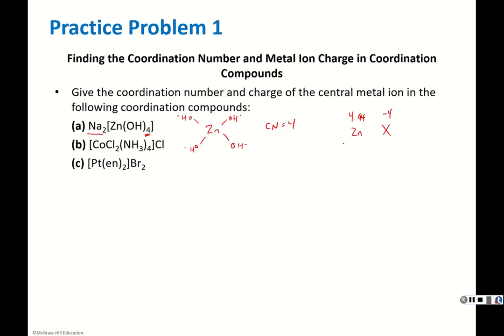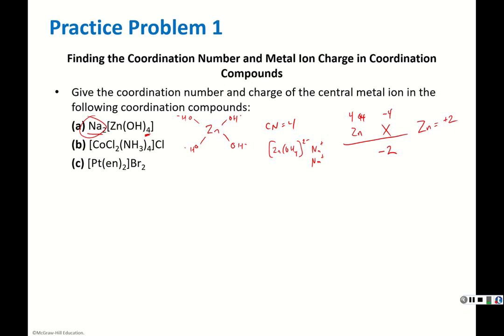That has to add up to an overall -2 charge, because we have these 2 sodiums balancing it. So Zn(OH)4, the other way we can write this, has a -2 charge. When we do that little algebra, zinc has to be a +2 charge.